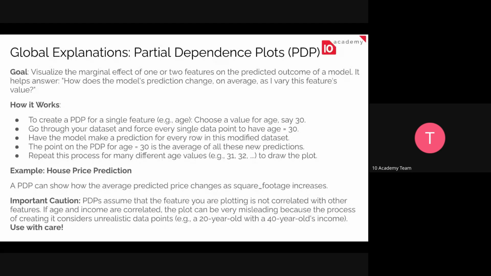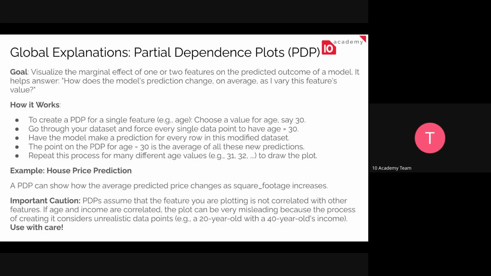You choose the age of 30, and go through the data set and force every single data point to be 30 for age, and do the prediction again for these modified data sets. The point on the PDP for age 30 is the average of all these new predictions. Repeat this process for different age values, 31, 32, and draw the plot.